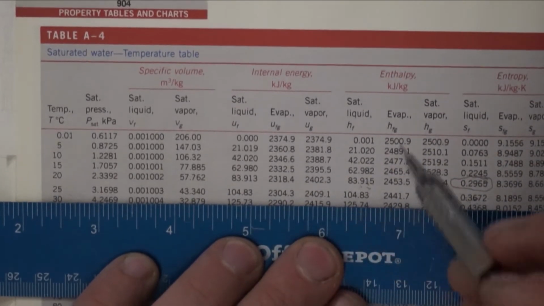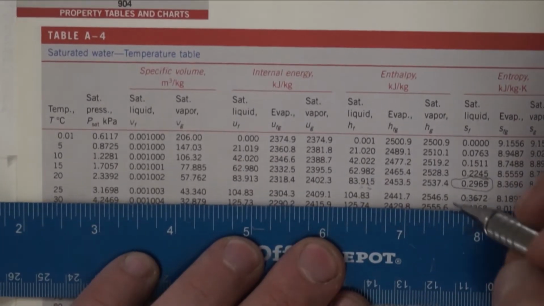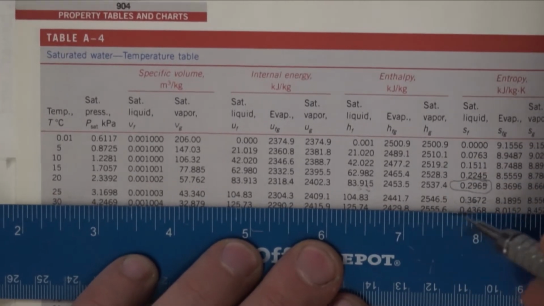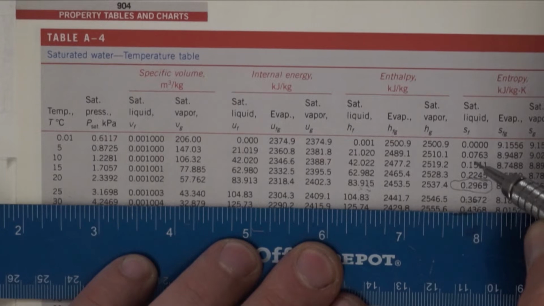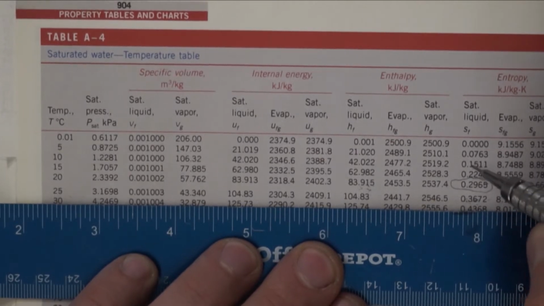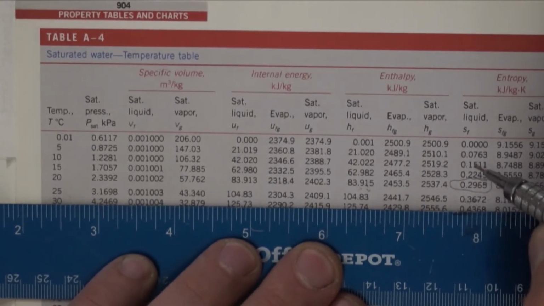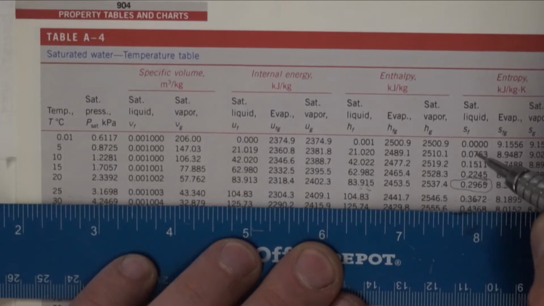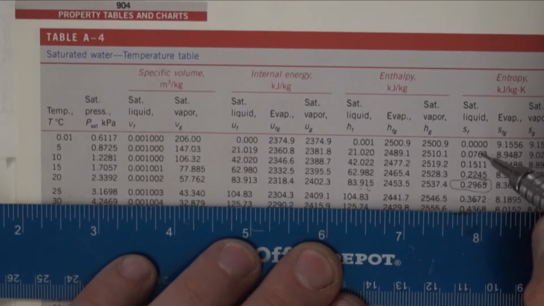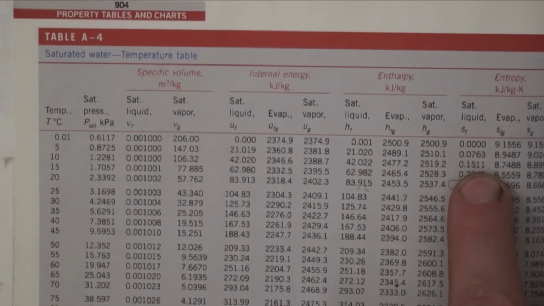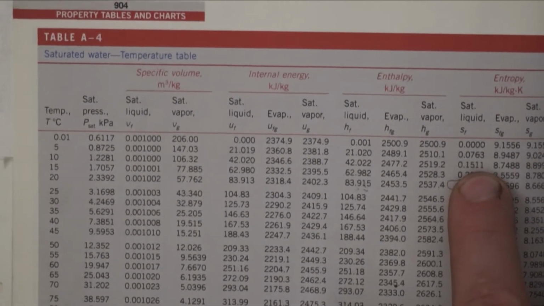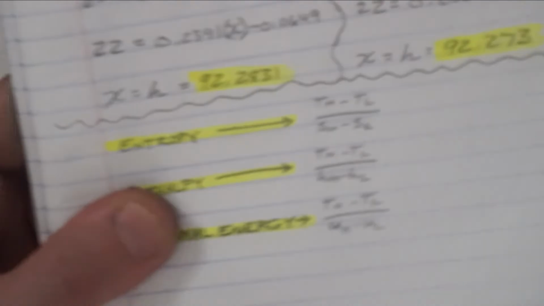We're at the right table. Now we don't care about what's over here. We only care about lining that entropy up with something. So we come over here and look for where 0.1 falls. 0.1 falls between 0.1511 and 0.0763 here.